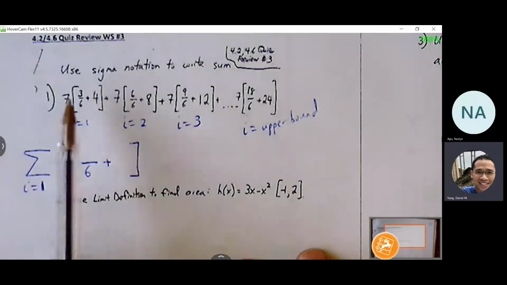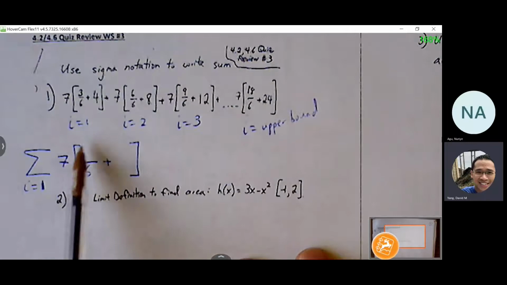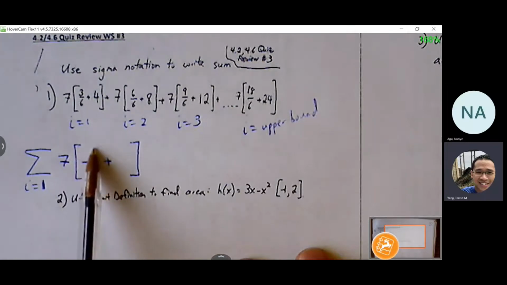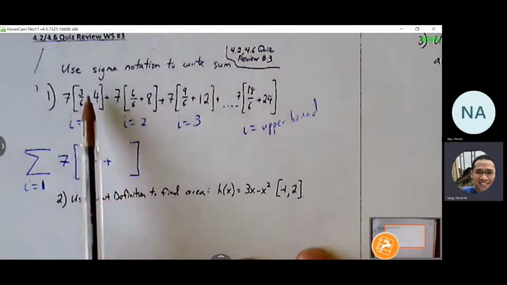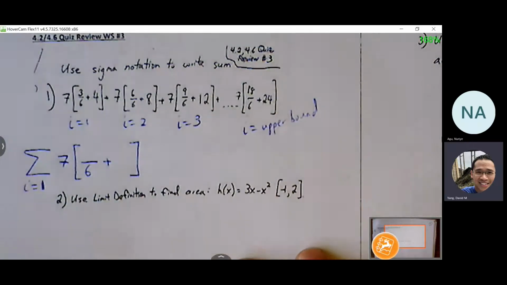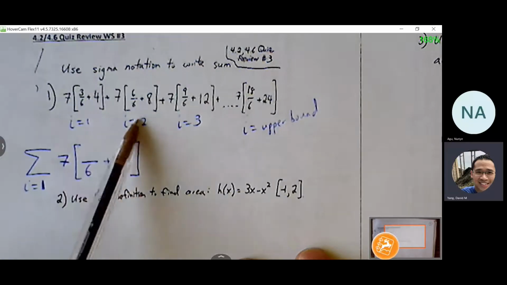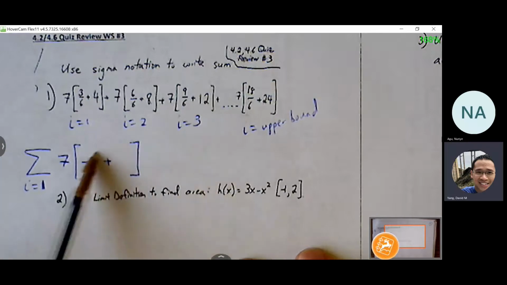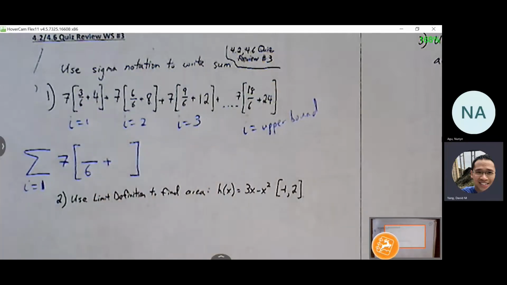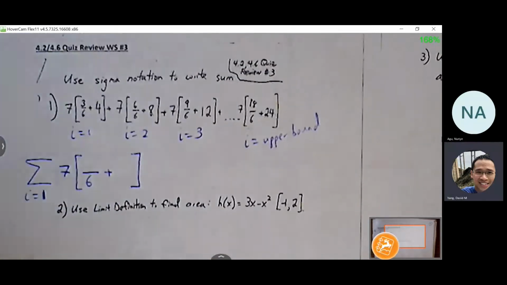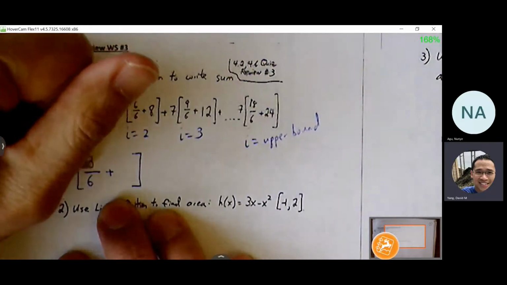Okay, so then we know that the 3, the 6, the 9 all has to involve i somehow, right? Has to create that pattern. And the 4, 8, 12 is also involving i as well. So what pattern can I plug i into that will allow me to get a 3? If I plug 2 in, I get a 6. If I plug 3 in, I get a 9. 3i, let's test it out.